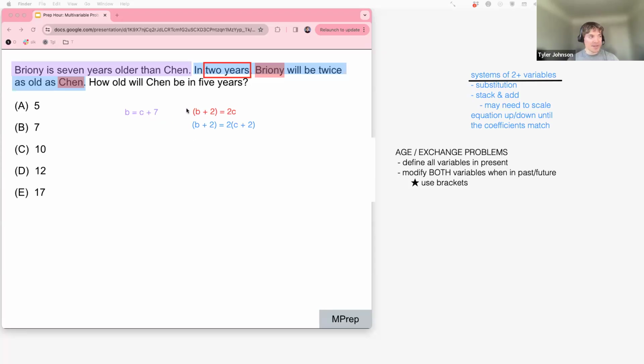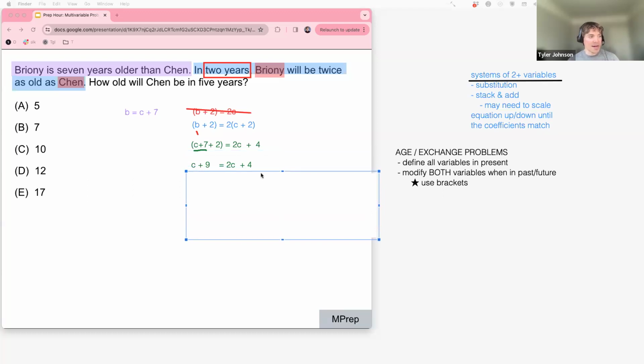Now that I have the proper translations, I'm going to substitute the fact that B is equal to C plus 7. And then from there, you're just going to continue the algebra. So I distributed that 2 across the parentheses.